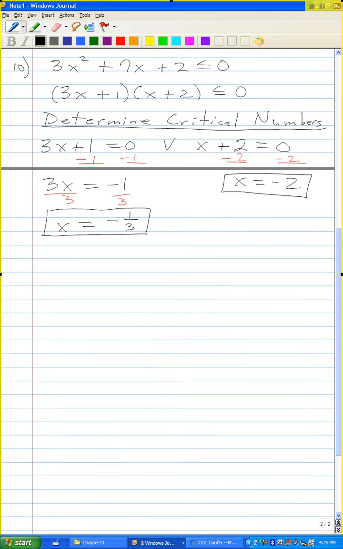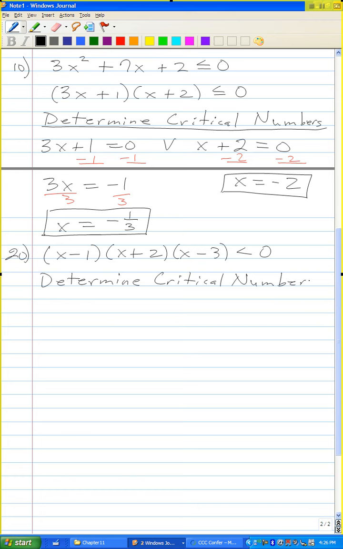Let me do problem number 20. So again, I want to determine my critical numbers. Luckily, this is already in simplified standard form. So to determine my critical numbers, I just have to set each factor to 0 and solve for x.